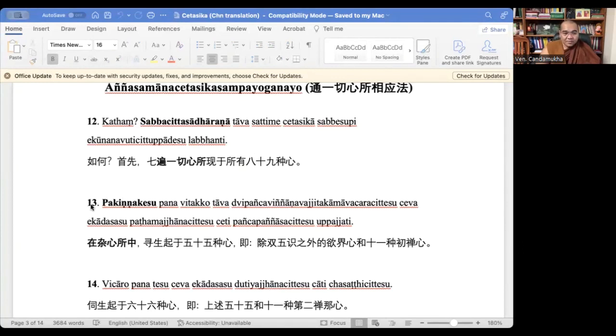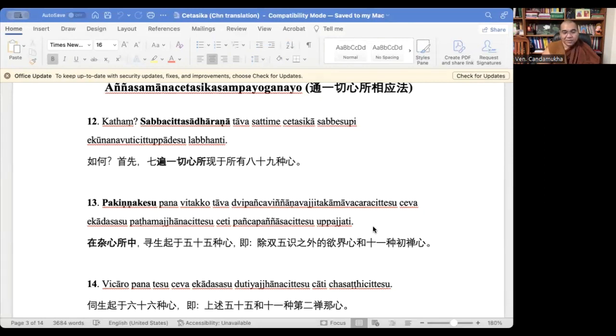And then paragraph number 13, among the mental concomitants that associate with both wholesome and unwholesome consciousnesses, the first one is Vitakka. Vitakka is associated with the 55 consciousnesses and dissociates from the 66 consciousnesses.